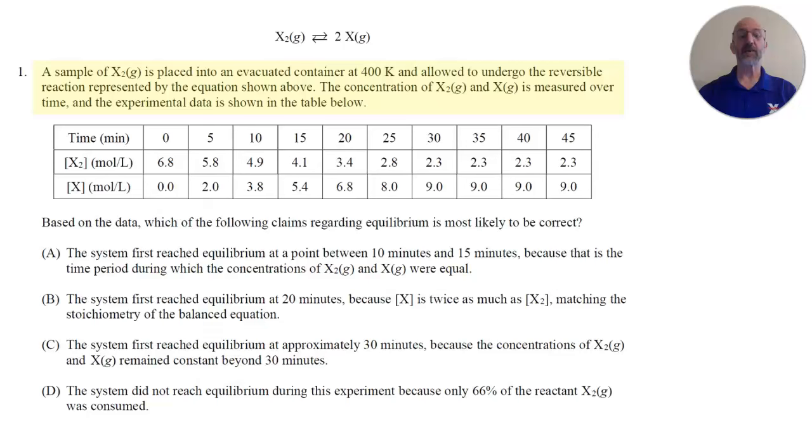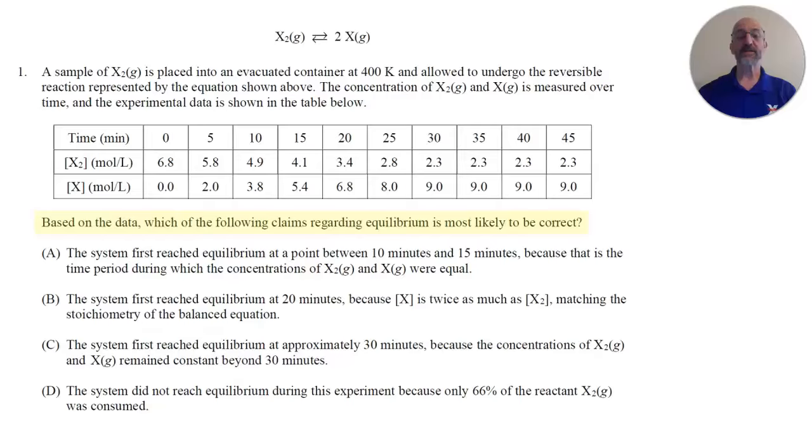It says a sample of substance X2 is placed into an evacuated container at 400 Kelvin and allowed to undergo the reversible reaction represented by the equation shown above. The concentration of X2, the reactant, and X, the product, is measured over time, and the experimental data is shown in the table below. The question asks, based on the data, which of the following claims regarding equilibrium is most likely to be correct?